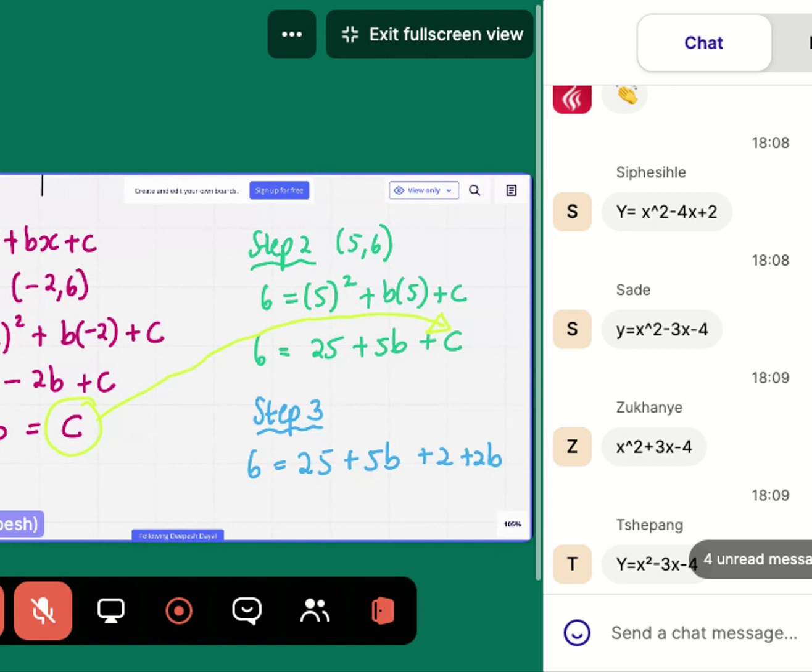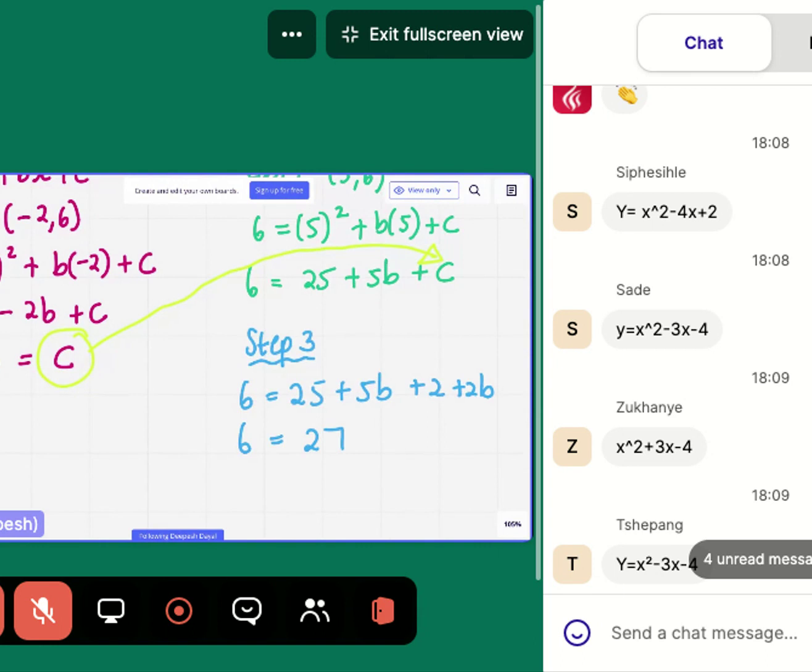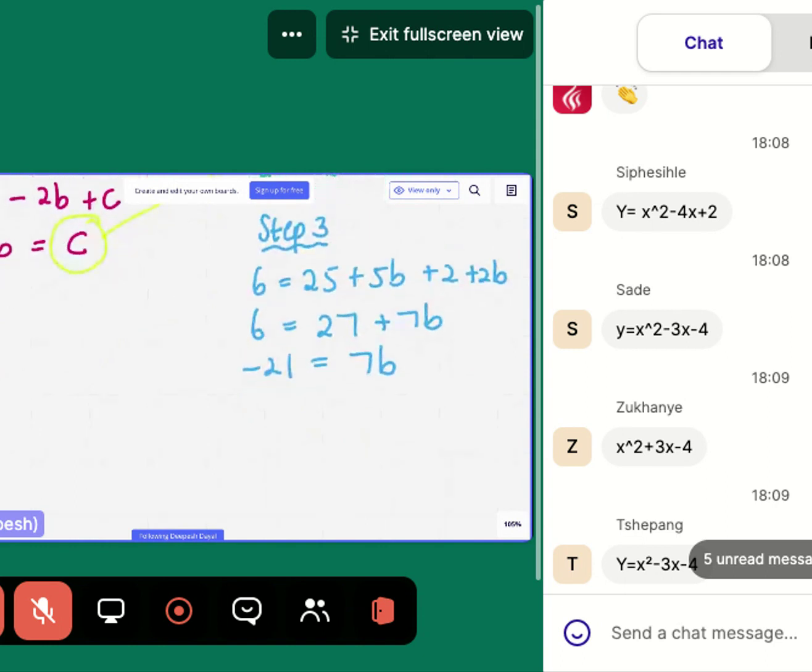And we solve. So it's going to be 6 equals 27 plus 7b. And then we're going to check, 6 minus 27 is minus 21. And then b equals minus 3. Who's got b? Yes, I've got a lot of minus 3. Well done. Okay, b is minus 3, but we still need to find c.